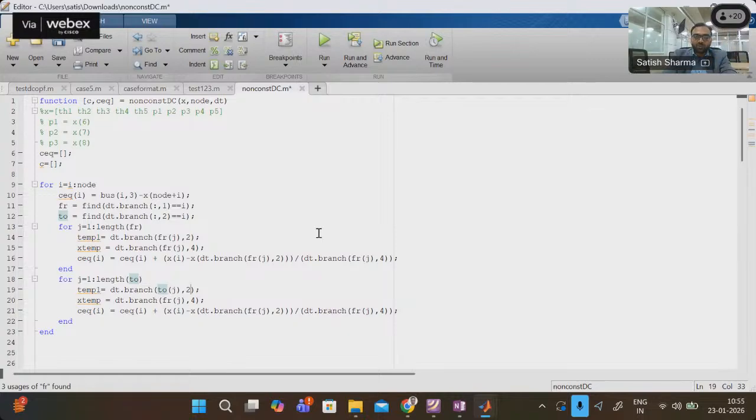So instead of 2 it will become 1, and then again for two branch, the fourth location will give me the reactance. Similarly dt dot branch, here it will come two branch, and instead of 2 it will be 1, and then it is two branch, and instead of 4 it should be the 4 only. Okay, so is this correct so far?